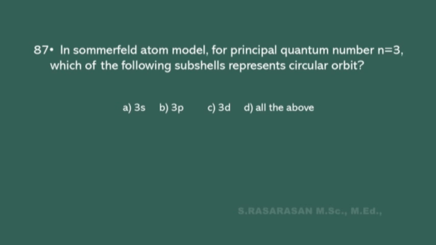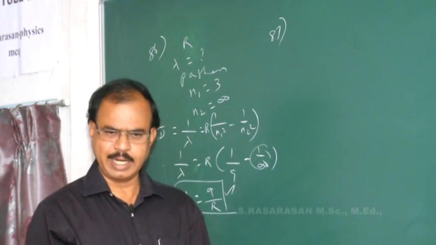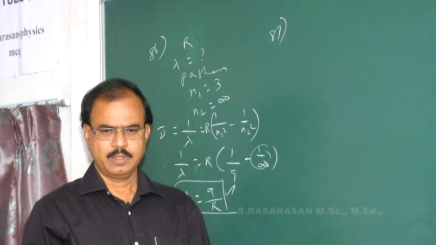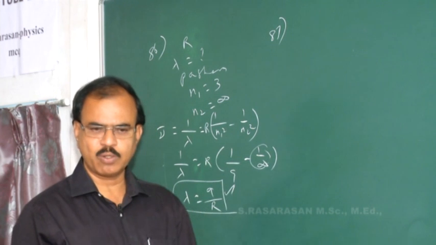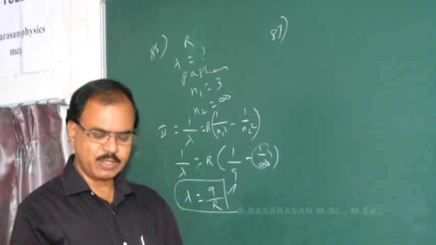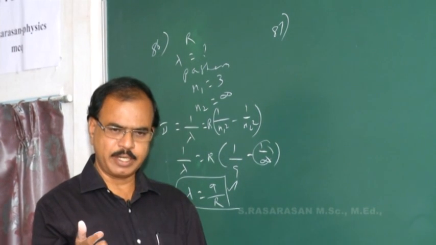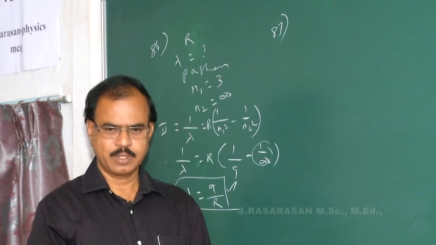In the Sommerfeld atom model, for the principal quantum number n equal to 3, which of the following subshells represent a circular orbit? Sommerfeld proposed subshells in the atom. Along with the principal quantum number n, Sommerfeld proposed the azimuthal quantum number L. L represents the subshells: S, P, D, F subshells.